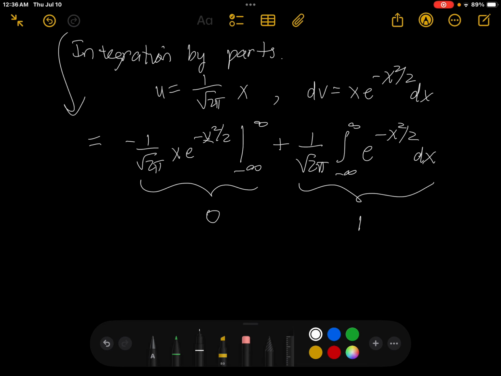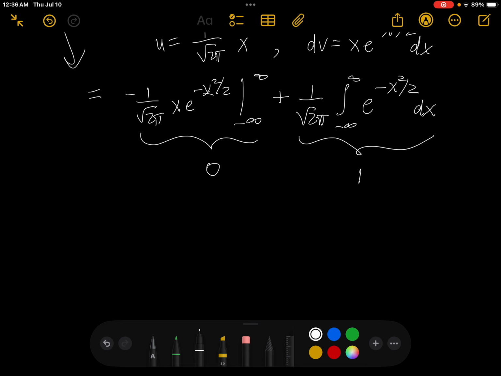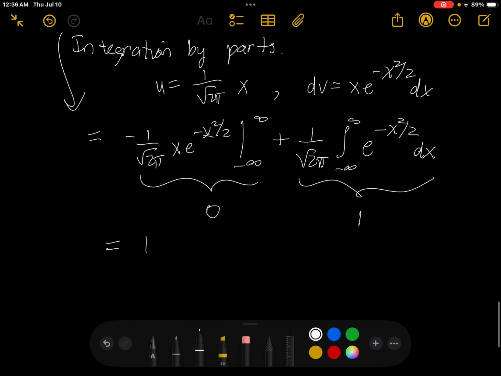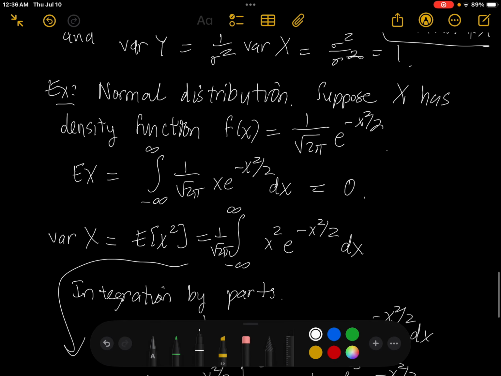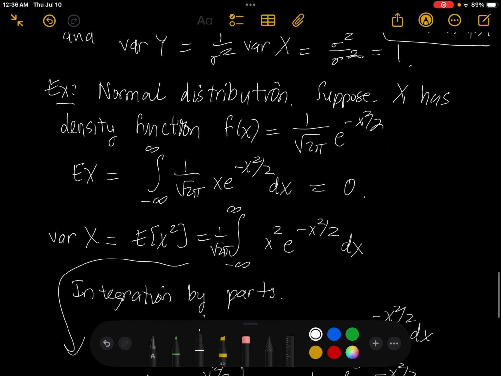You have an infinity times 0 indeterminate form, but you can write this as x over e to the x squared over 2, and then the denominator goes off to infinity faster. You just use L'Hopital's rule and you check that you get 0. So you get 0 plus 1, which is equal to 1. And so this random variable x has expectation 0 and variance 1.